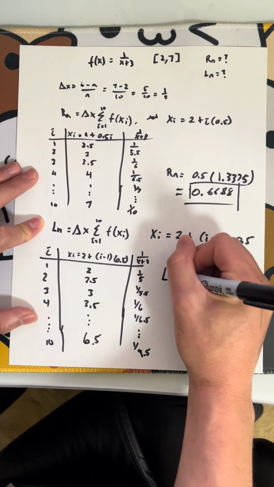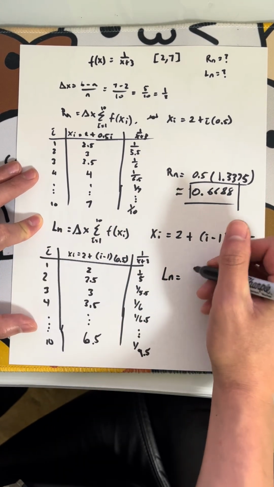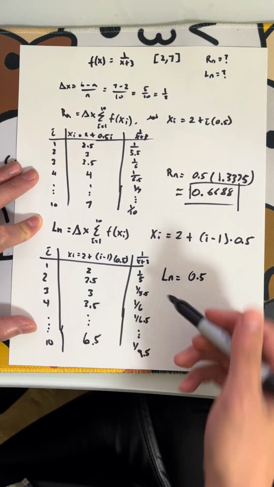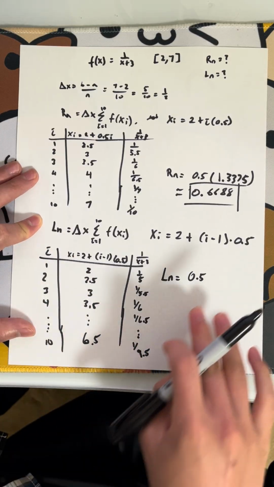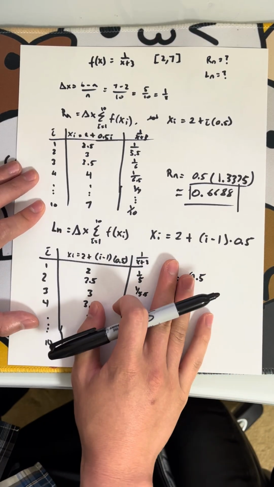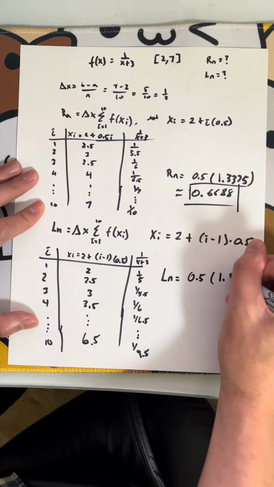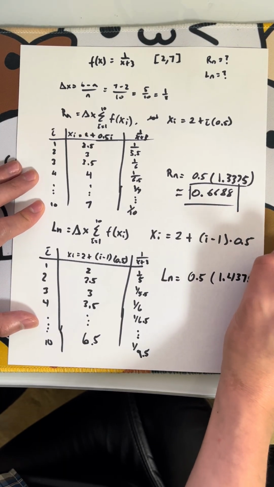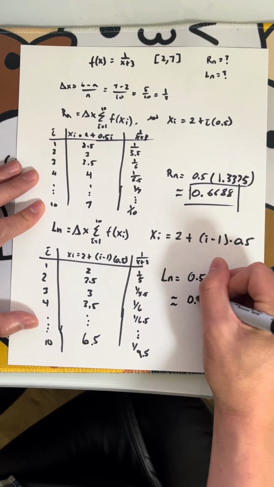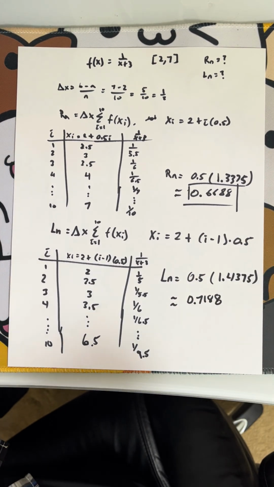The left endpoint approximation is equal to the width of the rectangles, which is 0.5, times the sum from 1 to 10 of these values, which is about 1.4375, and that will be roughly 0.7188. And that's what we do.